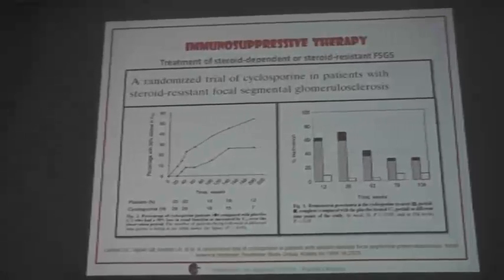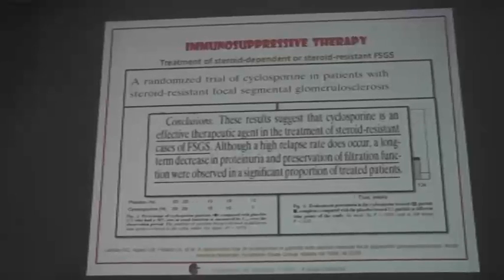It is very clear here that patients were free of relapses, and the decline of the GFR was slower and proteinuria much better in patients receiving cyclosporine in comparison to placebo. The conclusion was that cyclosporine is an effective therapeutic agent in the treatment of steroid-resistant cases of focal segmental glomerulosclerosis.